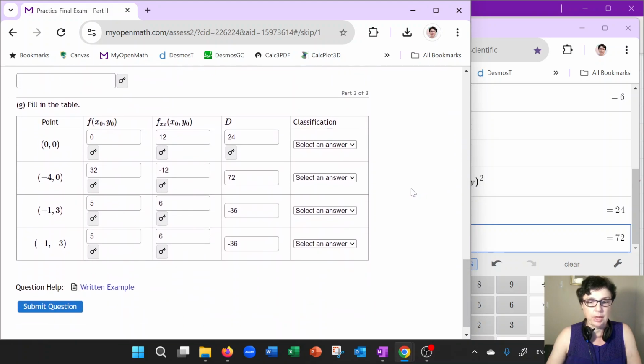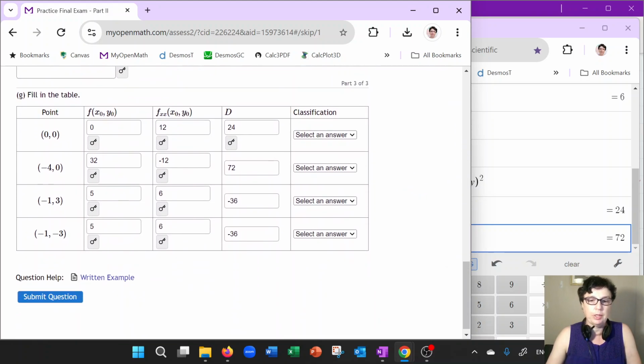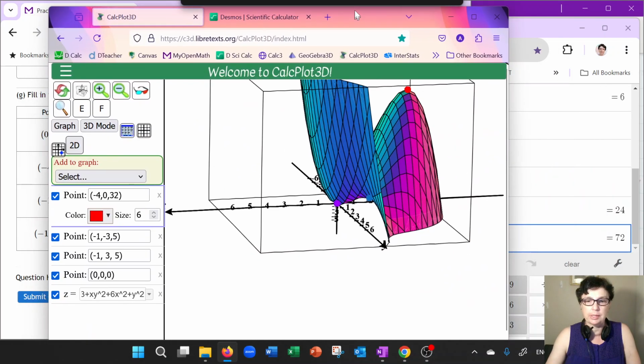So looking at what I got here, for the first point, D is positive and fxx is also positive, that would be a minimum. Here, D is positive, but fxx is negative, that's a maximum. And for both of these, it doesn't matter what fxx is, as long as D is negative, that's a saddle point.